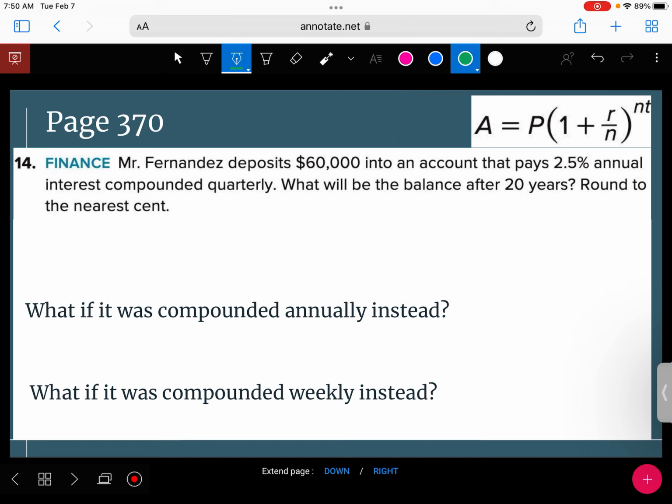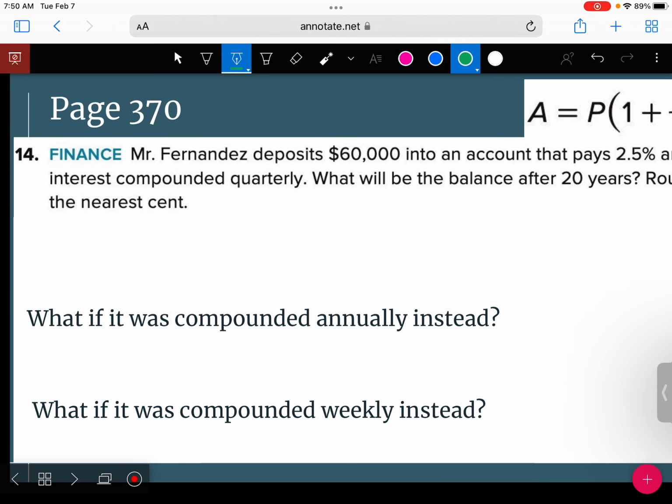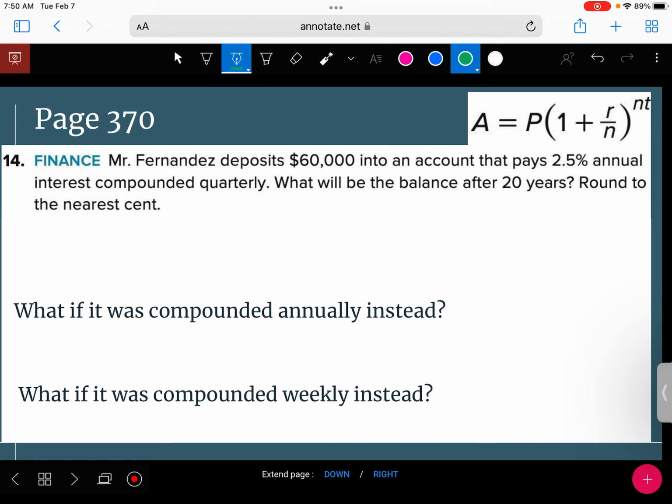So I just want us to go through this and set up the equation. Remember which pieces are which. It says Mr. Fernandez deposits $60,000 into an account that pays 2.5% annual interest compounded quarterly. By the way, this is number 14 in your practice section if you want to do it there, or on the side in your notes section, and put number 14 next to it.